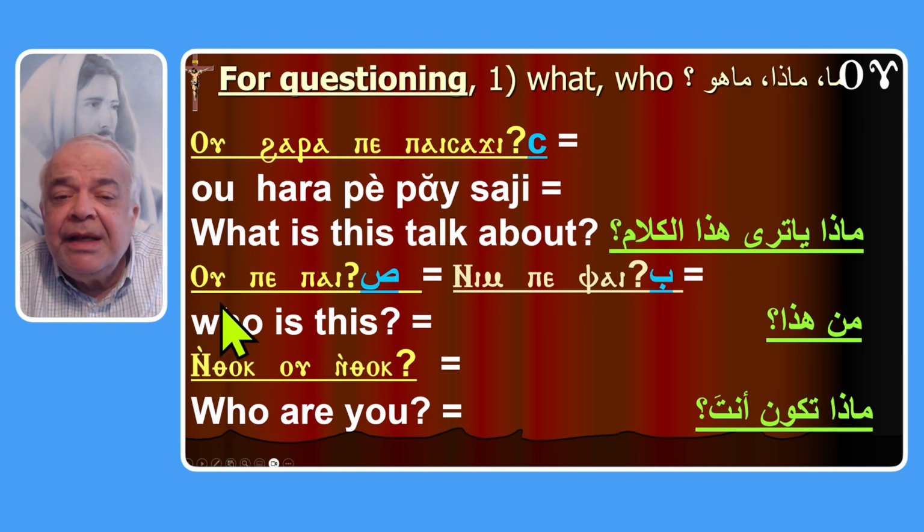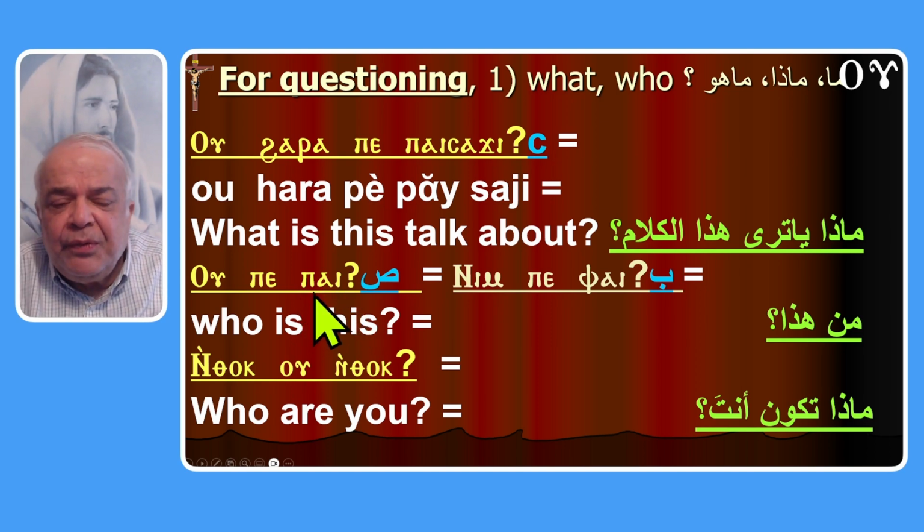So when I say pi, that's for masculine, singular. Tai with that T, like Tom, feminine, singular. And Nai, Nei, Nancy, or Alpha, Iota, Nai, for plural, both masculine and feminine.